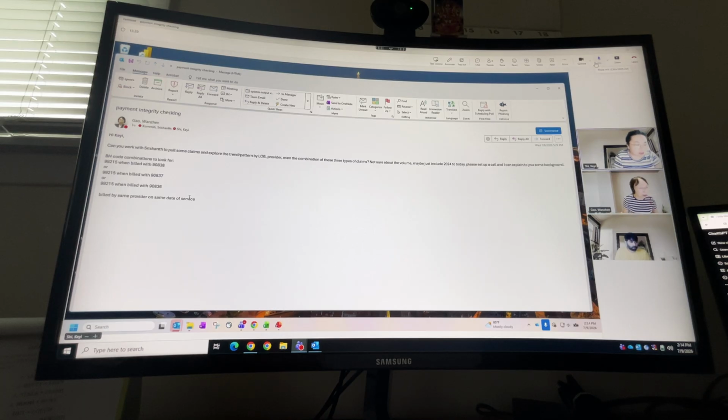So, is place of service important to add? Because probably they only bill this code with office, but I think we could look at the data and see if that's true.